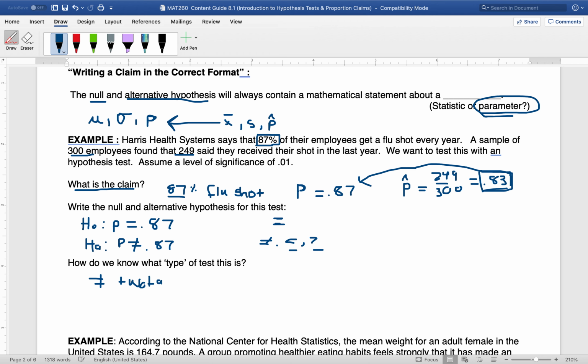And it's called two-tailed because if we look at our normal curve, we want to look for greater than or less than. And for this particular one, we want to see if we're saying the proportion is actually 0.87, what is the chance that we're actually going to get that 0.83?